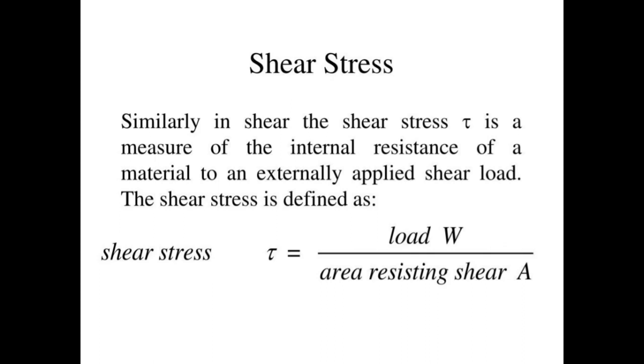Shear stress is represented by tau, a measure of the internal resistance of a material to an externally applied shear load. It may be represented by load by area. It will be indicated clearly as load W by area resisting shear, which is A.